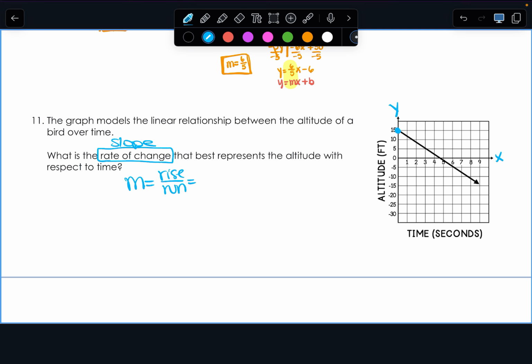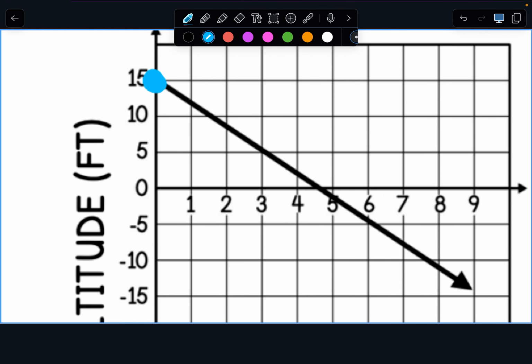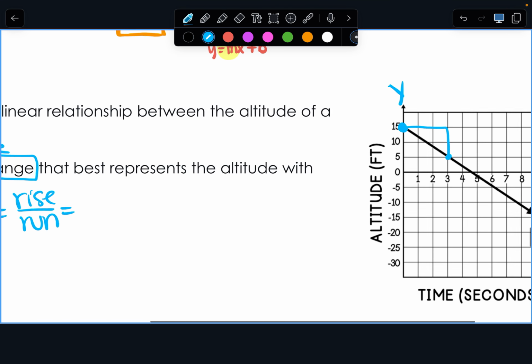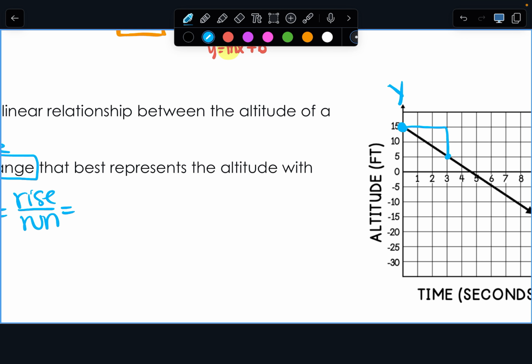What's another good point that we can use? If I zoom in, you could see this little piece of a triangle. Hey, we're shouting out some numbers larger than 10.